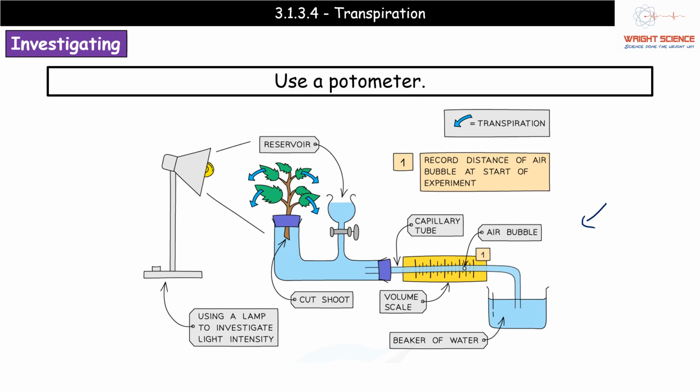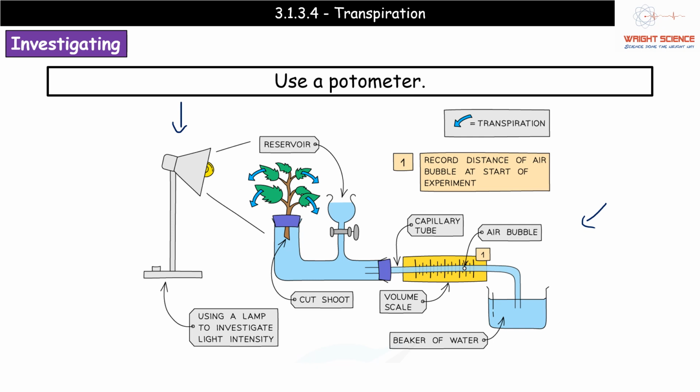Now, depending on what factor we're changing is going to determine what thing is sitting here. In this example, we've got a light, so we're just going to be changing our light intensity. So we'd start with obviously our meter rule, working out how far away our light was initially from our plant. We would obviously then turn our light on, leave it for a certain period of time, and then record how far our little bubble has moved along the scale.